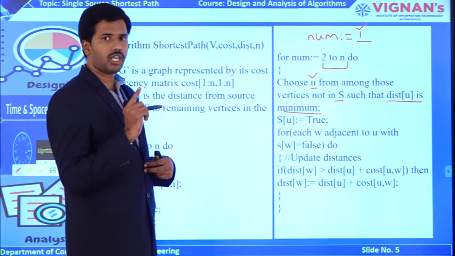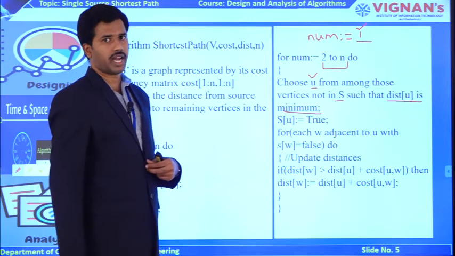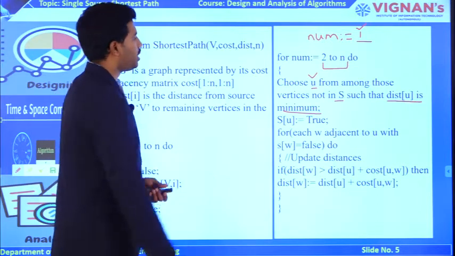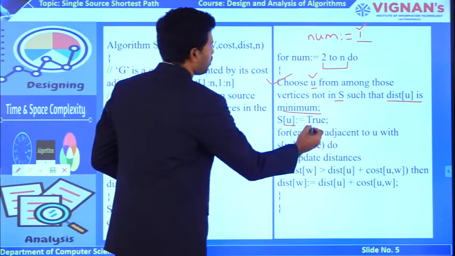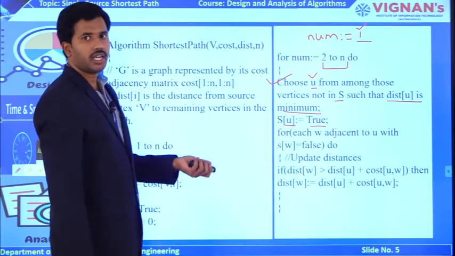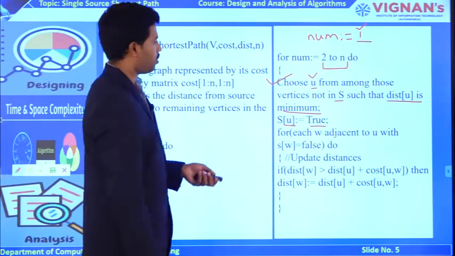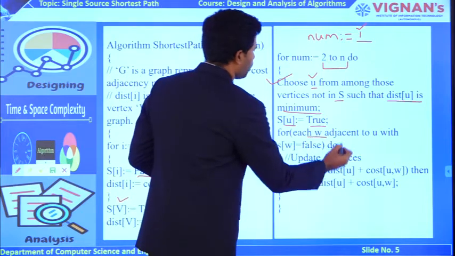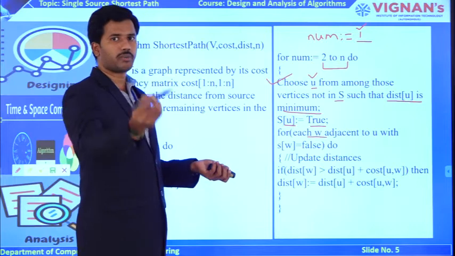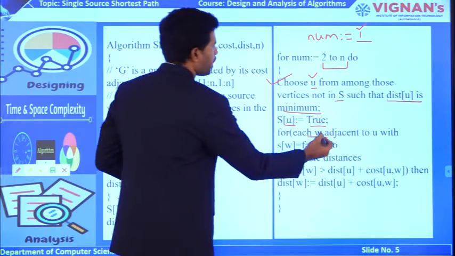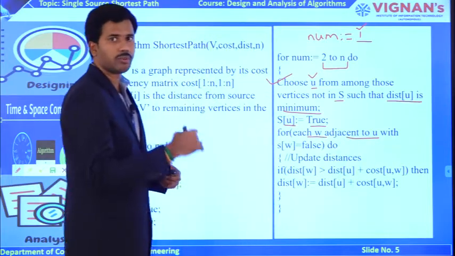With this principle only I am choosing my u. After choosing, I am going to change that to true. Previously it was declared false, now I am changing it to true. Now my task is to find out whether from u there is any possibility to reach my destination, which can be denoted by w. So that w must be adjacent to u, right? Then only it is possible to move from u to w.